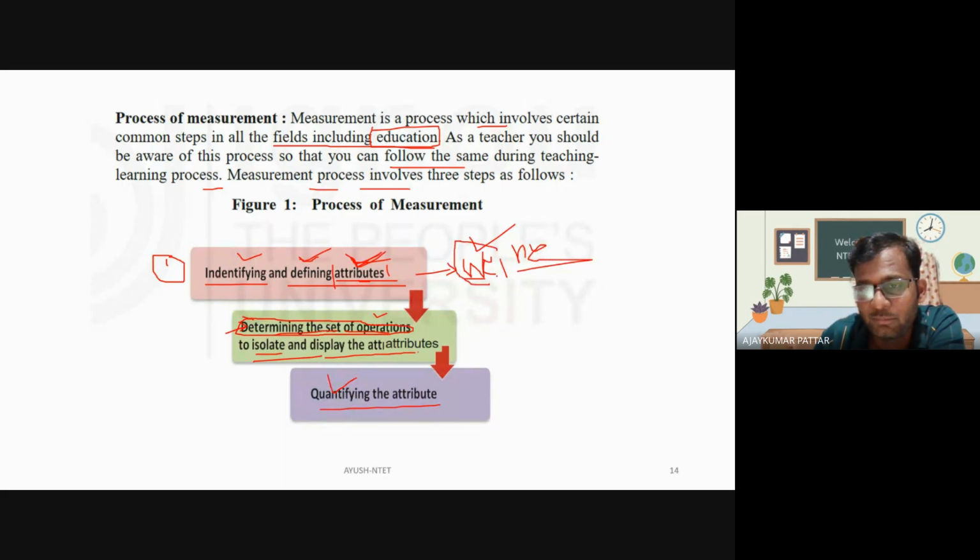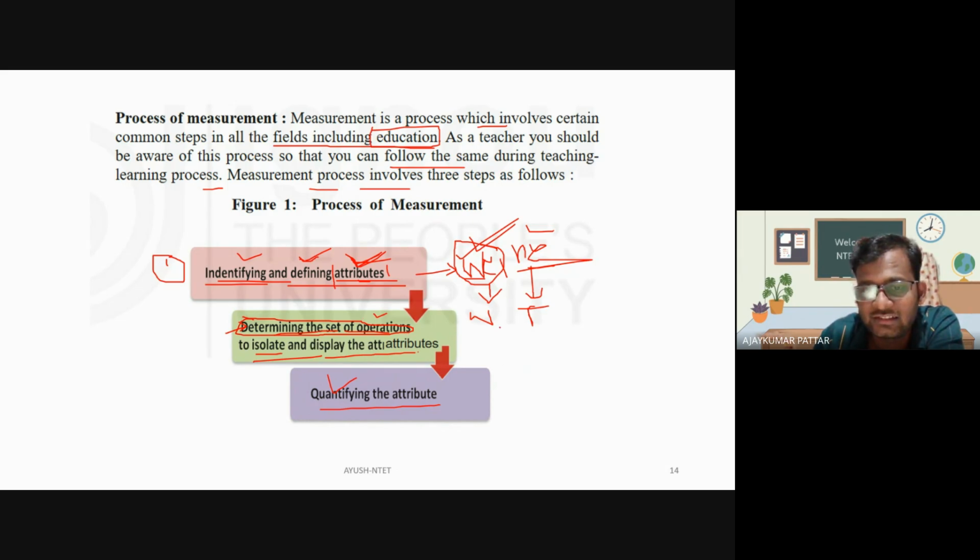So weight and height, I want to measure. Then define what is weight, what is height. Then the set of operations means how to measure this weight, how to measure this height. Weight by weighing machine, height by tape. These are the set of operations.